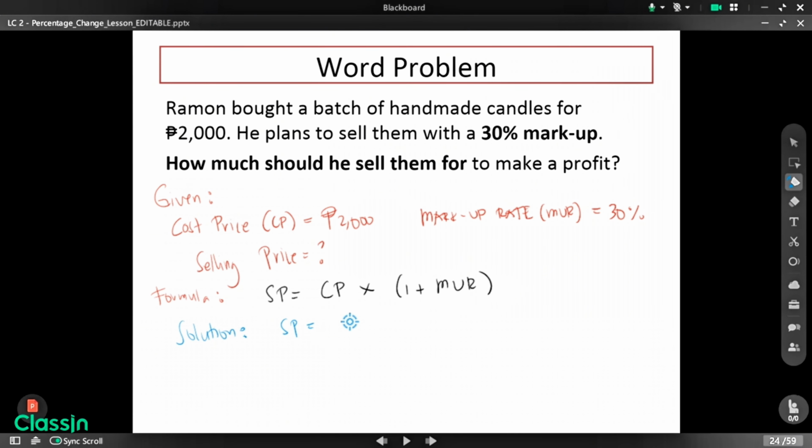The selling price is equal to 2,000 times 1 plus 30%, which is 0.30 in decimal. So it will be 2,000 times 1.30. And what is the answer?